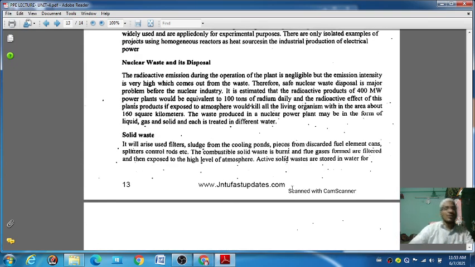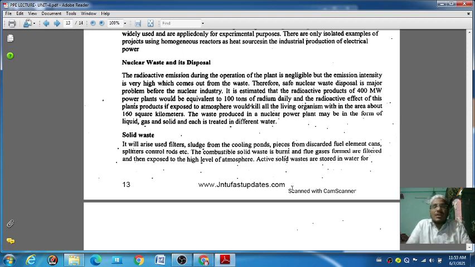In nuclear waste, we see that while we are performing our task in the power plant, some wastage will be there, and how we will dispose of that wastage and how we will use that wastage in terms of converting it to our requirement. We will see here the radioactive emission during the operation.